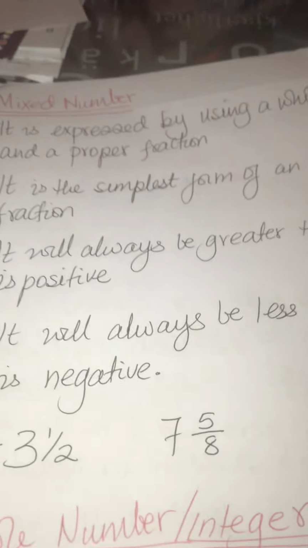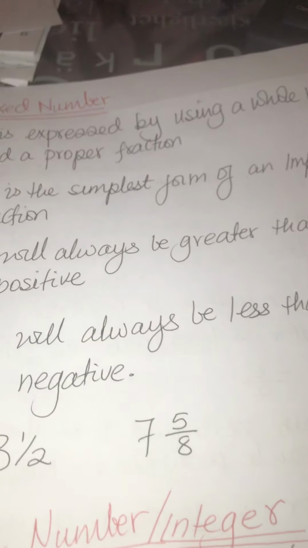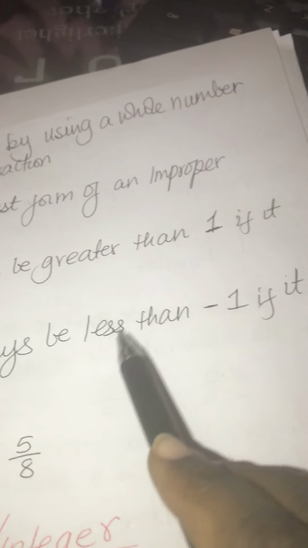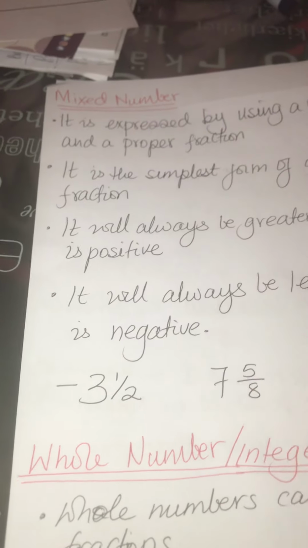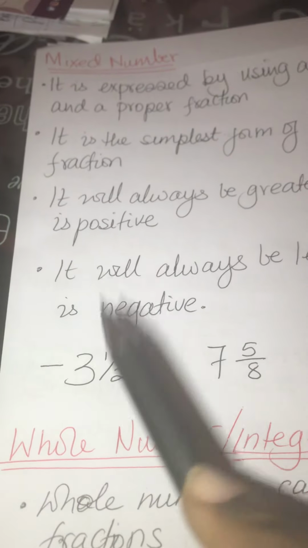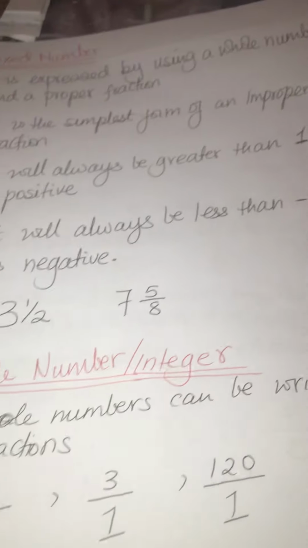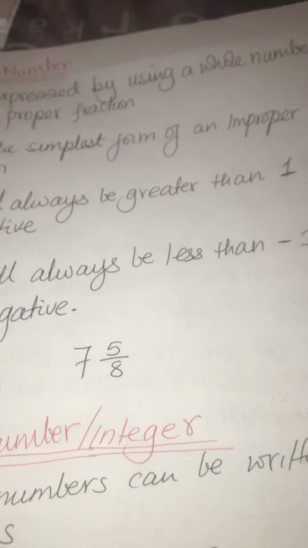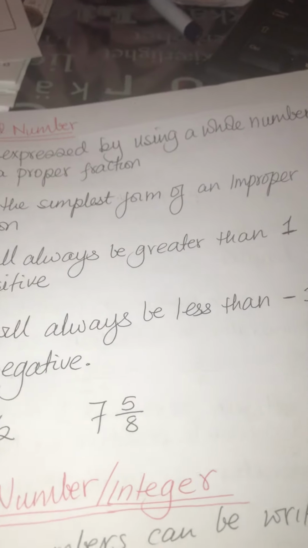All mixed numbers will be greater than 1 if it is positive. It will always be less than negative 1 if it is negative. So this is less than negative 1, even though it is a mixed number. That means it is on the left of negative 1 on the number line. We will draw a number line in class when we are having our discussions.